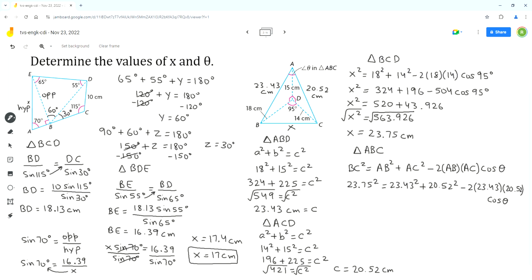Now we can sub in the side lengths. Next, we can evaluate the square terms. 23.43 square plus 20.52 square is equal to 564.0625.